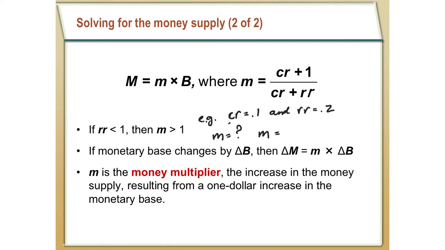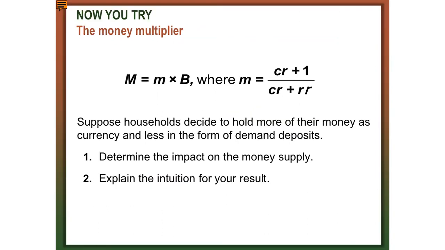Well, little m is simply what we get when we plug these numbers into our equation up here. So little m is going to be 0.1 plus 1 over 0.1 plus 0.2. If we add that all up and divide, we should get 3.67. So if the monetary base goes up by $1, then the money supply changes by $3.67.